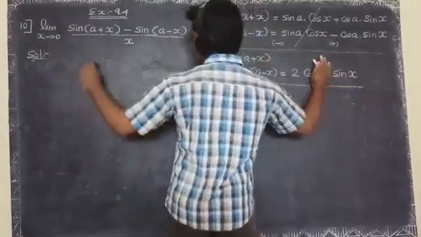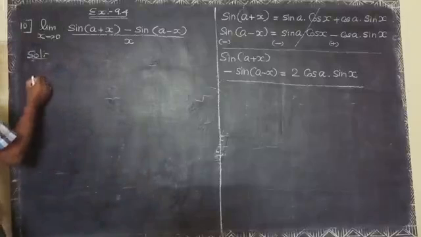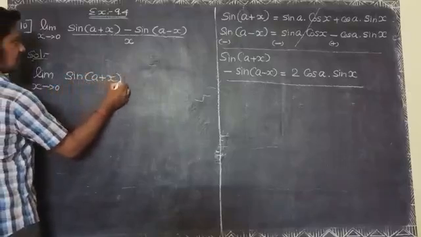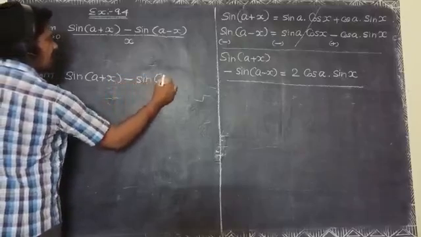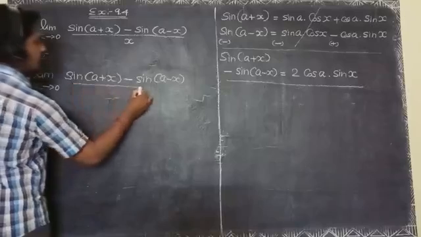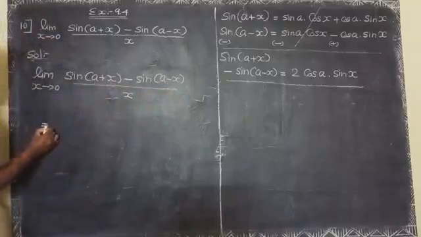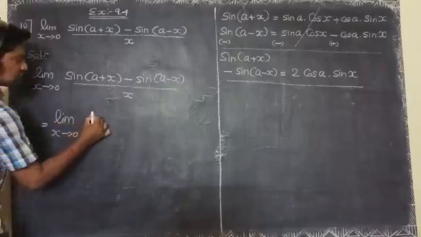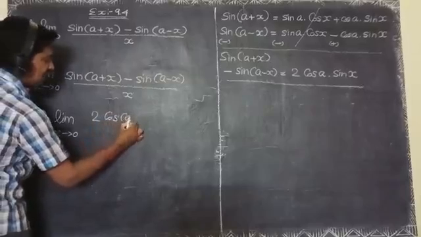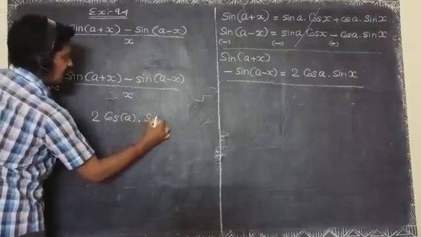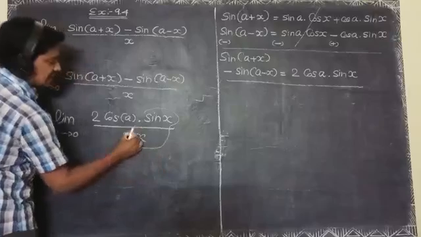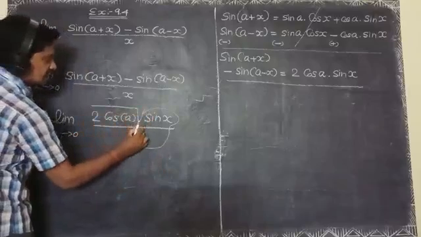Using this result in the given function, limit x approaches 0 of sin(a + x) − sin(a − x) divided by x is equal to limit x approaches 0 of 2 cos a sin x divided by x. Grouping the function sin x divided by x, 2 cos a is the constant.